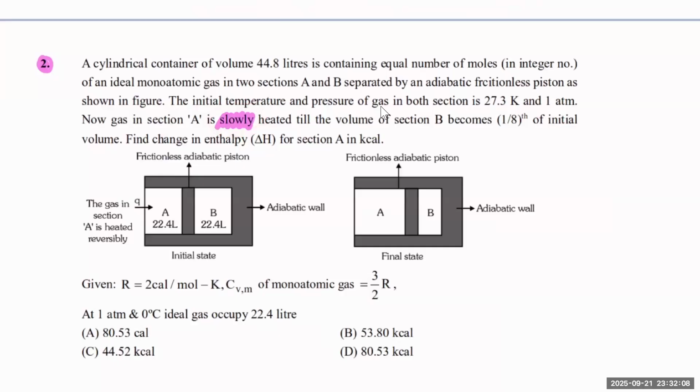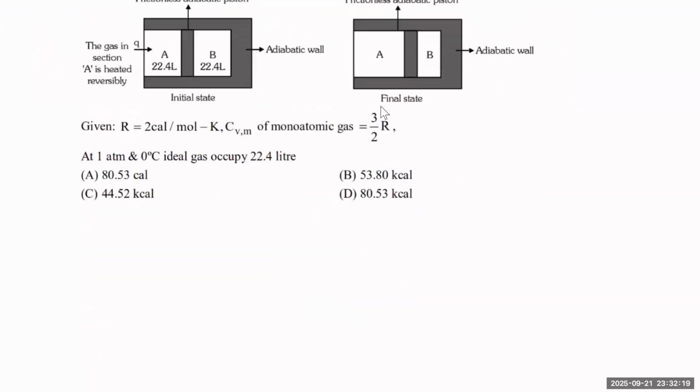Slowly means you are doing it in a reversible manner. Got it? So that there is an extremely slow movement, quasi-static process this is. So therefore, reversible adiabatic conditions are applicable here.